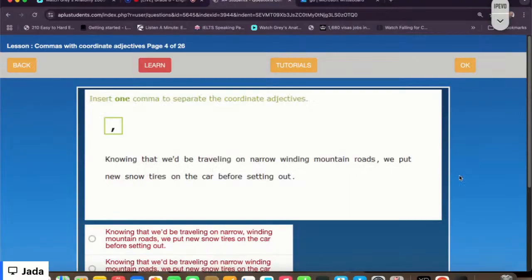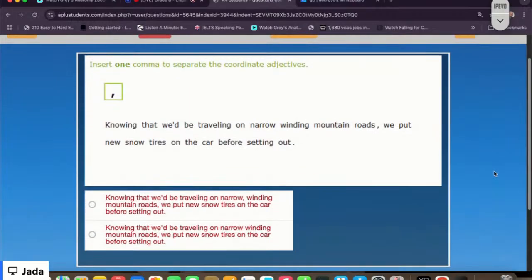Knowing that we had been traveling on narrow, winding mountain roads, we put new snow tires on the car before setting out. So is it first or second?